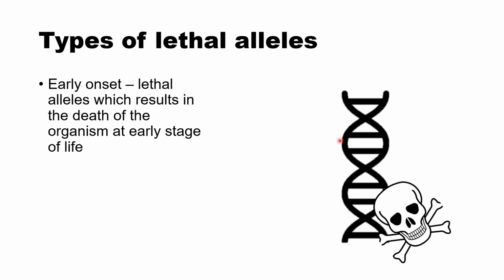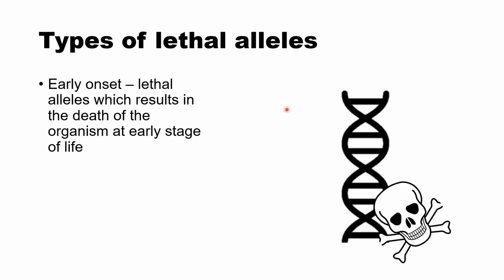So, in that sense, meron tayong tinatawag na mga lethal alleles and we have types of lethal allele. So, first is yung early onset na tinatawag. Now, in early onset na lethal allele, it will result in the death of the organism at early stage of life.